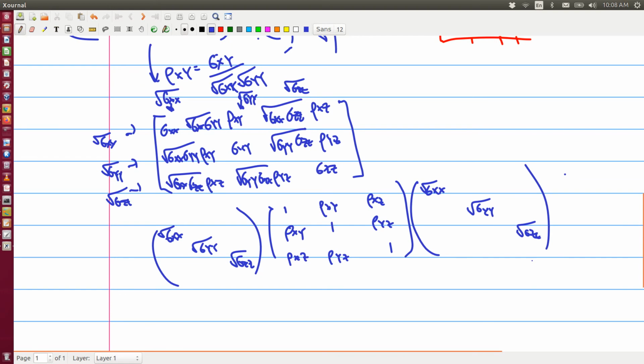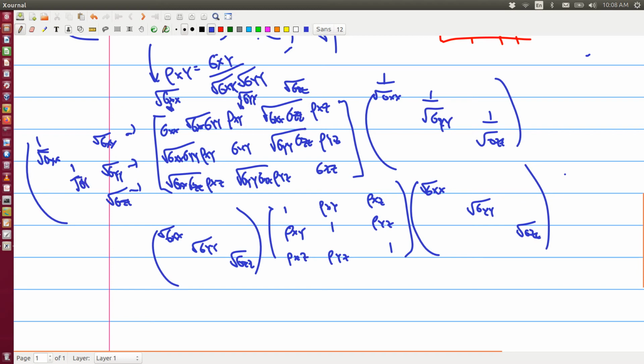In other words, if I do the reverse of this operation, multiplying by 1 over the square root of sigma x, sigma y, and sigma z, it should make the diagonal 1.